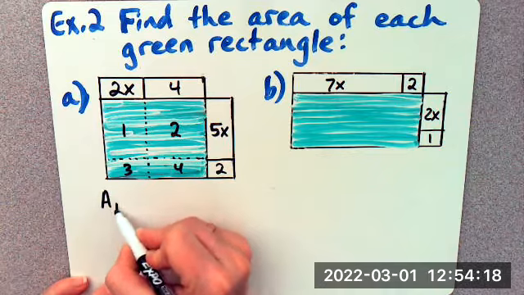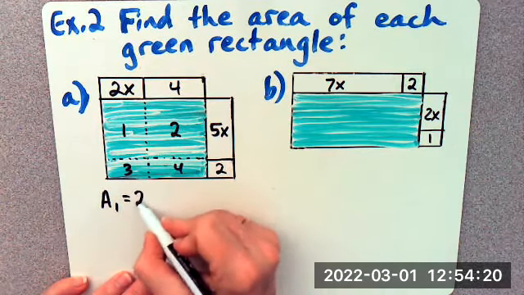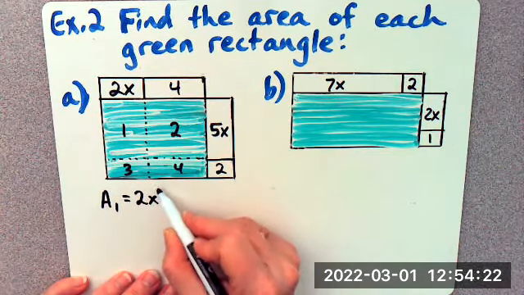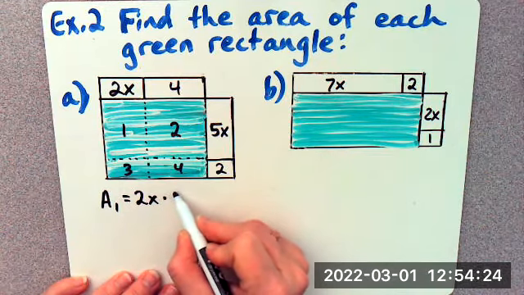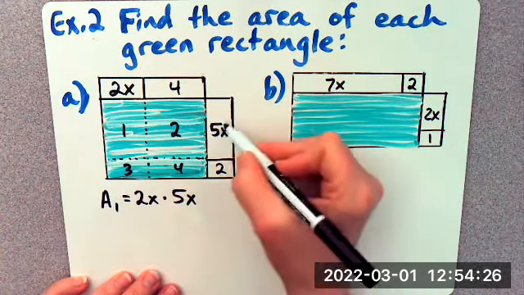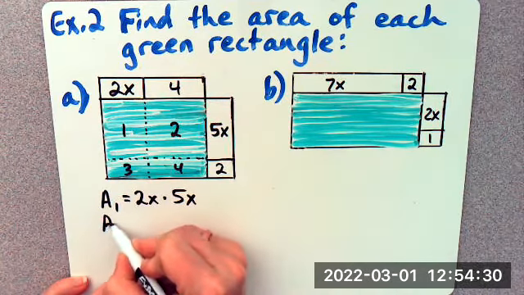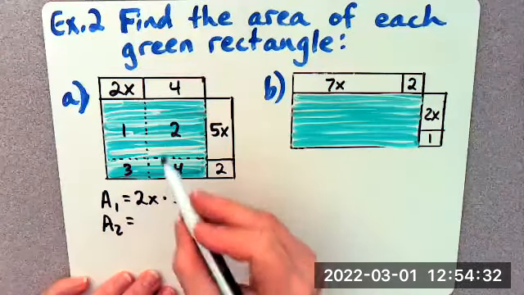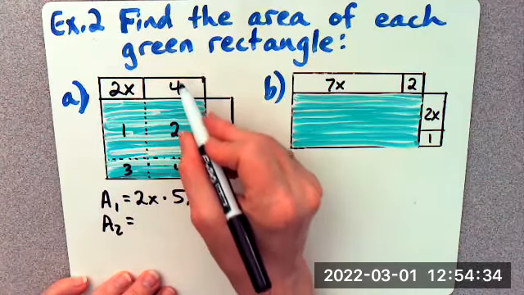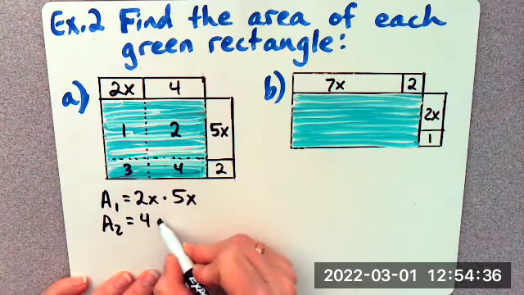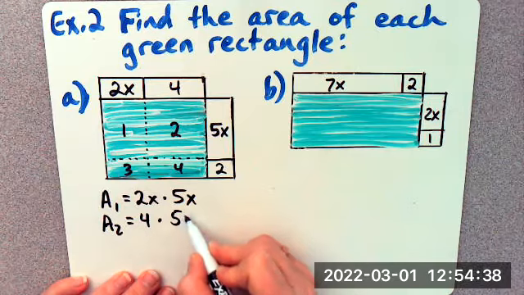So area 1 is just going to be 2x times 5x. The 5x is right here, the 2x is there. Area 2 then is 4 times 5x.